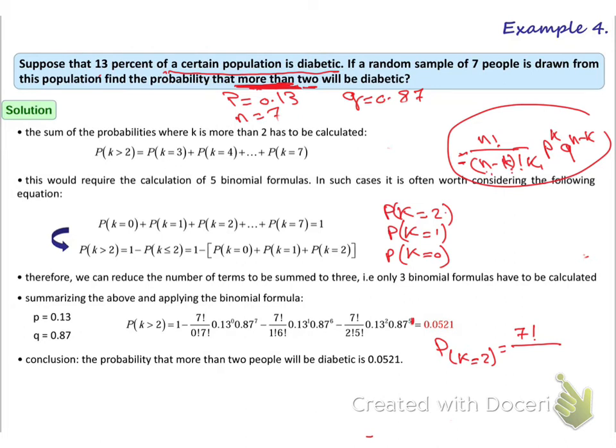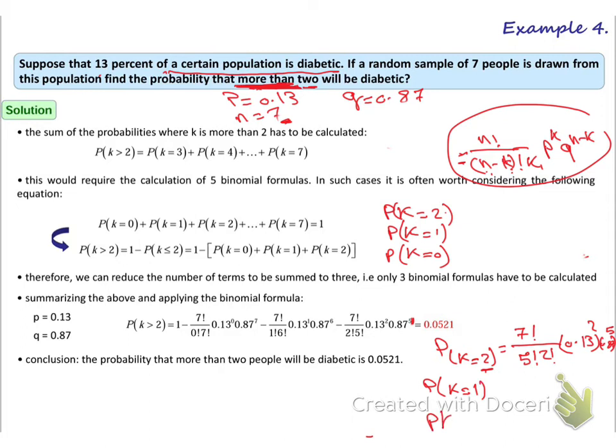If I put k equals 2, so n minus 2, 5 factorial, times k factorial, which is 2 factorial, okay, p is 0.13, to the power k, in this case 2, q is 0.87 to the power n minus k, k is 2 and n is 7, so 5.